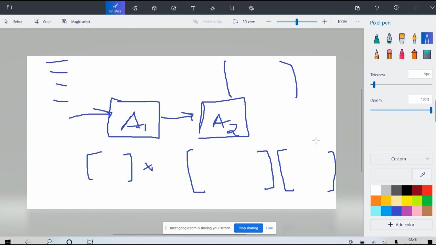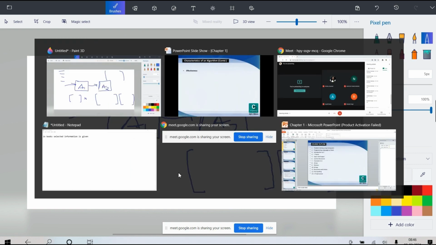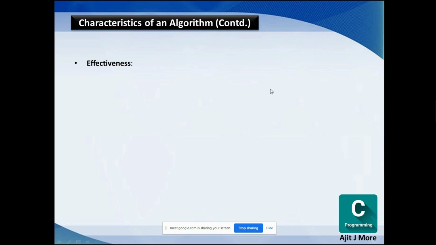Jagadguru Tirthaji Maharaj was an extraordinary scholar in maths, and he used to do it manually. Shakuntala Devi also, I'm sure you might have watched her movie and realized the power of maths. But they are exceptions. Common people cannot do it that quickly. So when you write your algorithm, see to it that at least for some sample input, you should be able to perform those steps.